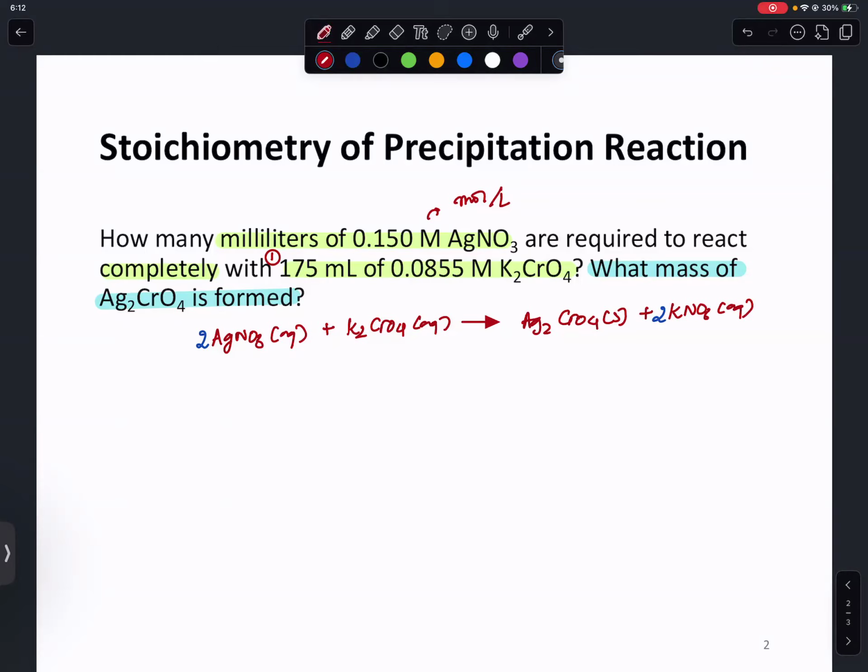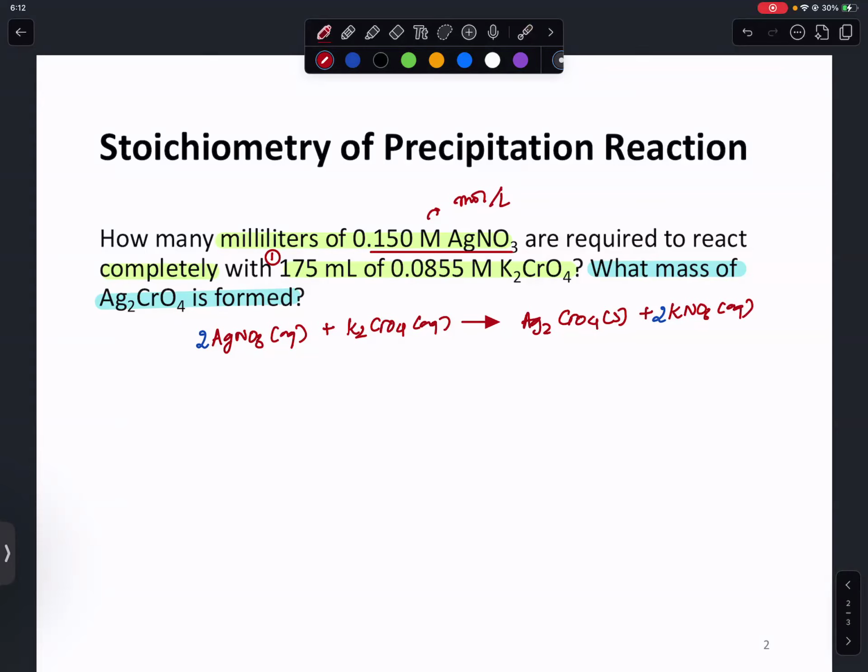So we need to calculate how many milliliters. We're given the molarity of the silver nitrate, and we need to calculate how many milliliters of this particular solution of silver nitrate is required to react with this volume and molarity.